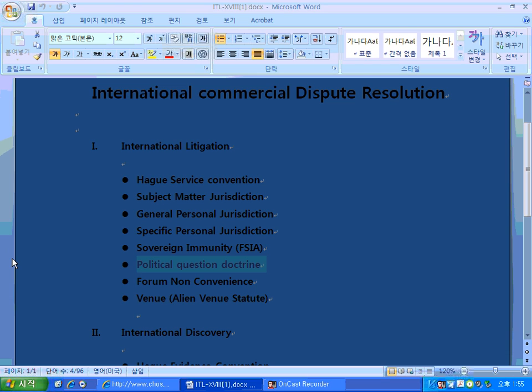And that will also be duplicated in the last part of the term, about what makes a proper foreign judgment to be enforceable.